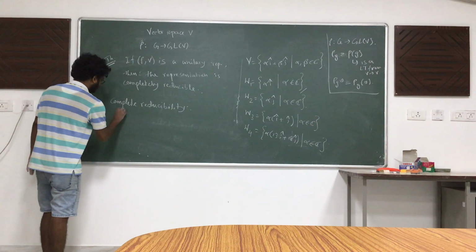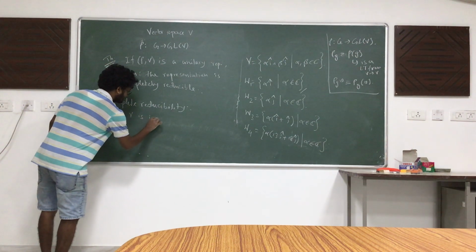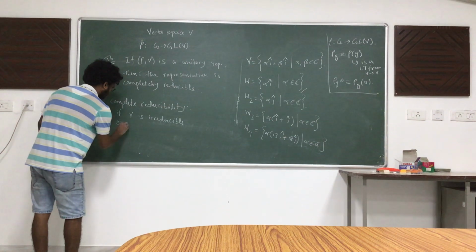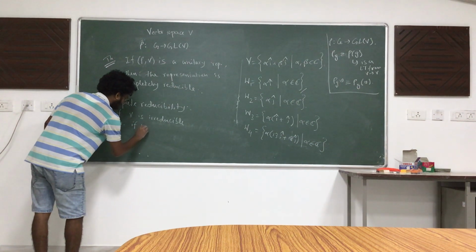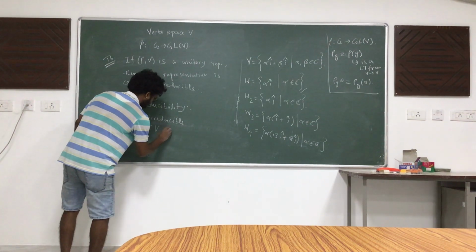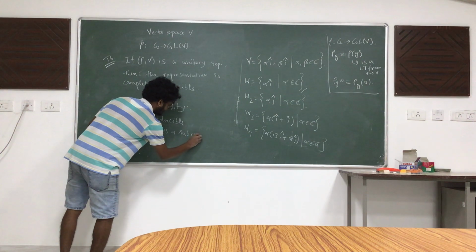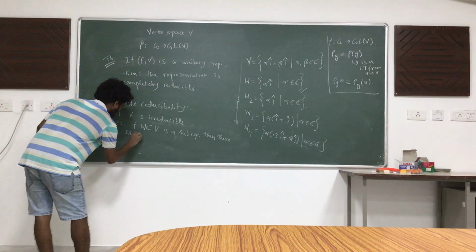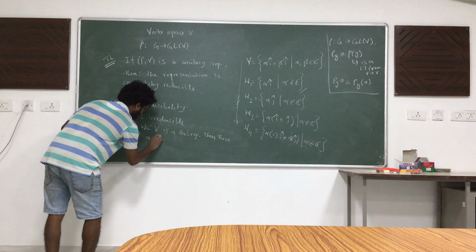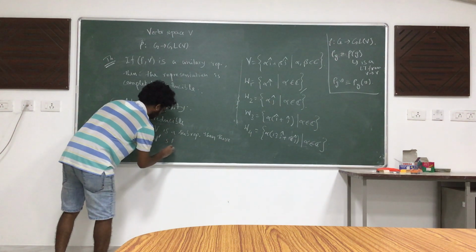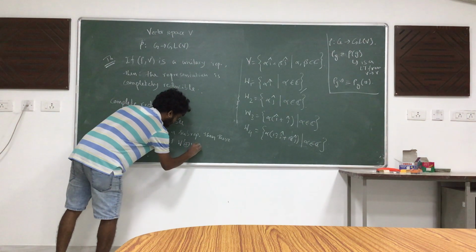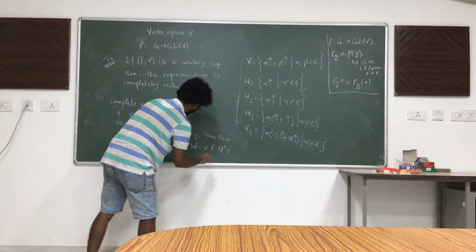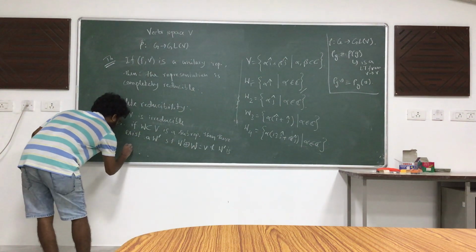V is completely reducible if V is irreducible, or if W is a sub-representation, then there exists W prime such that W prime plus W is V, and W prime is another sub-representation.